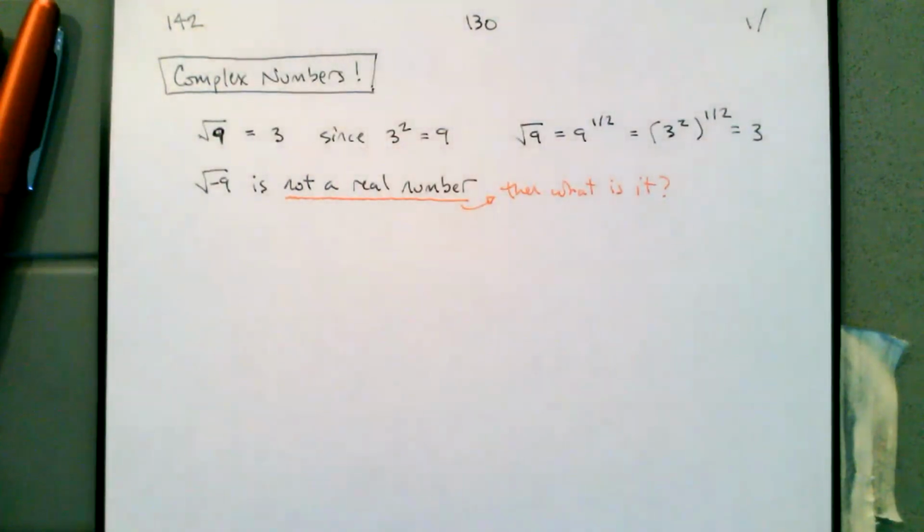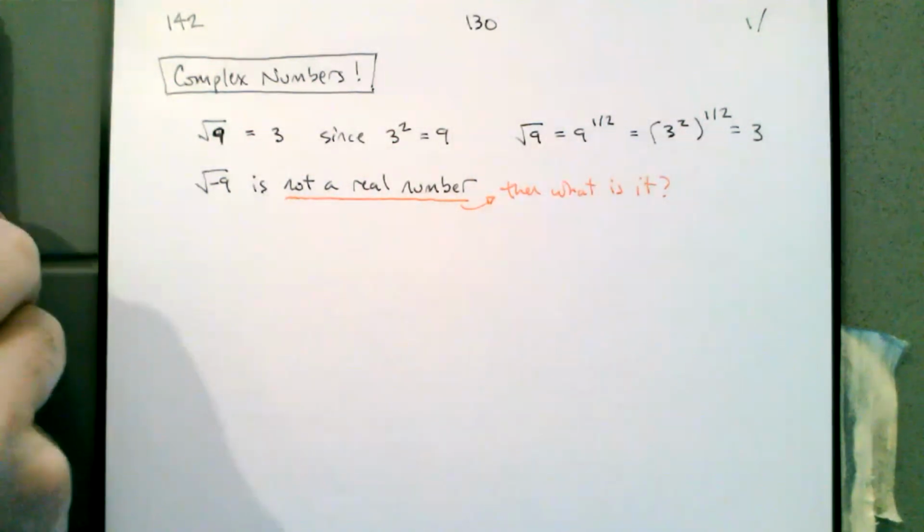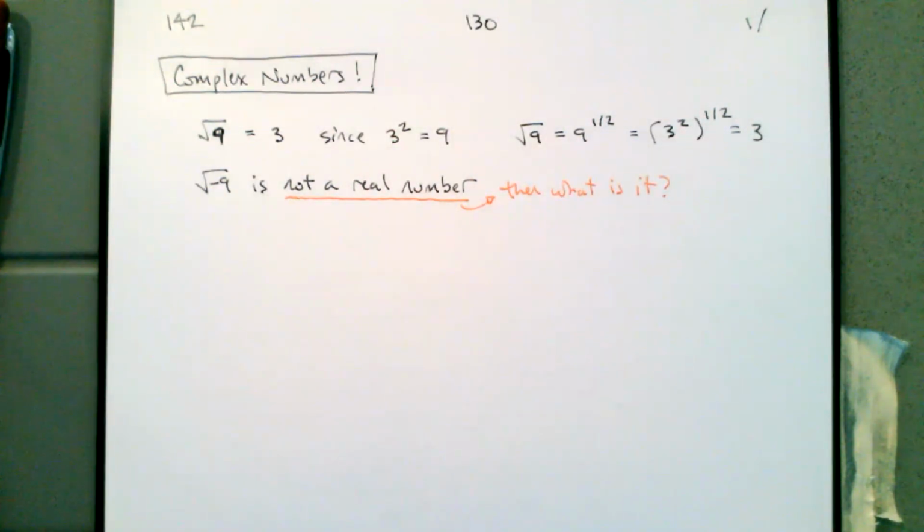Then we come across the quadratic formula, and there's a lot of square roots going on and a lot of parabolas that don't have x-intercepts. And so we're like, all right, it's time for you to know what these not real numbers are.